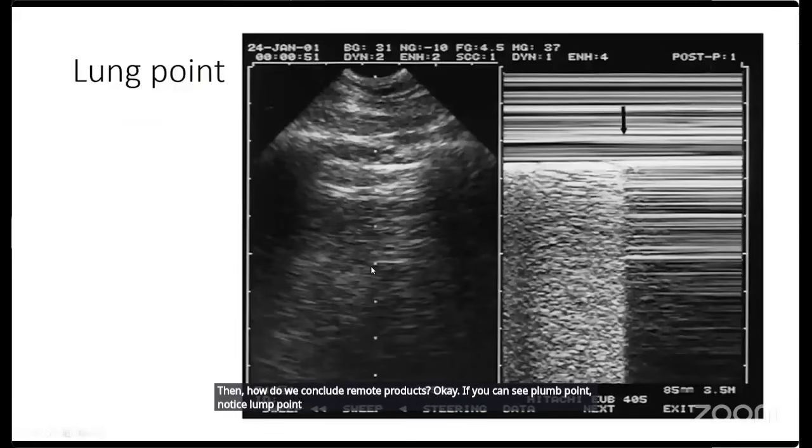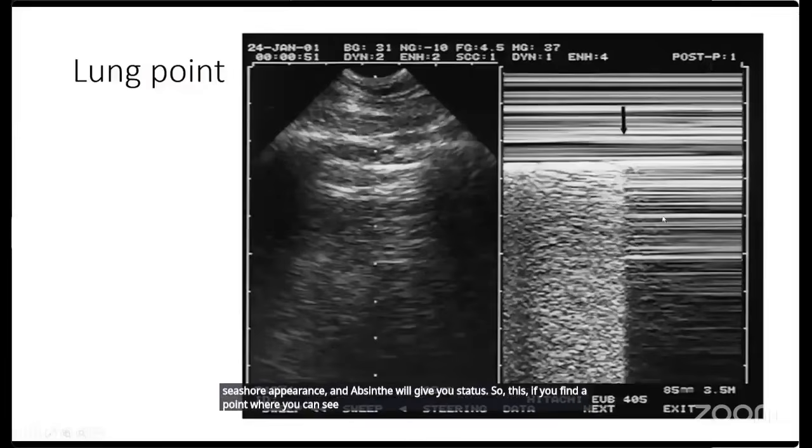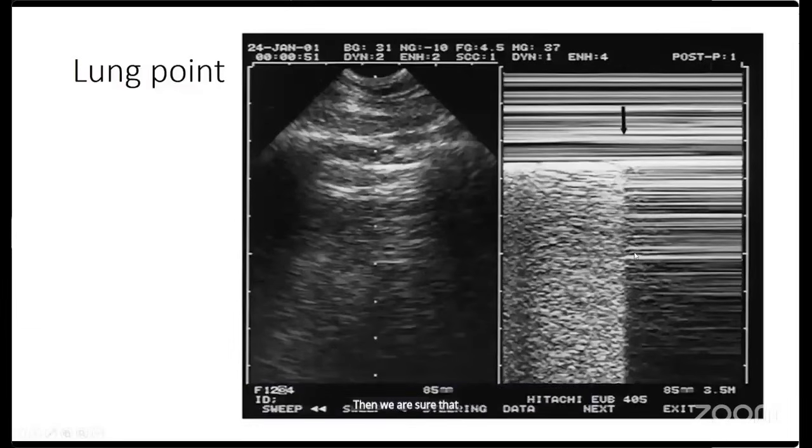It is one point where on one side you will see the lung sliding absent. On the other side, the lung sliding will be present. When you put this on M mode, it will look like this. The lung sliding present will give you the seashore appearance, and absent will give you the stratosphere appearance. So if you find a point where you can see both of these things happening, then we are sure that this is a case of pneumothorax.